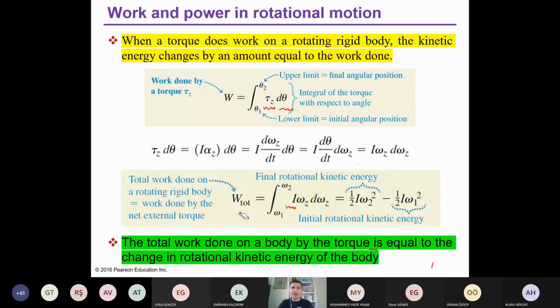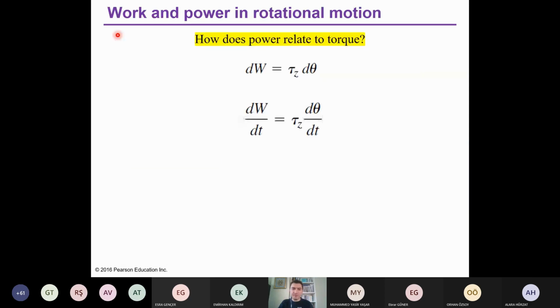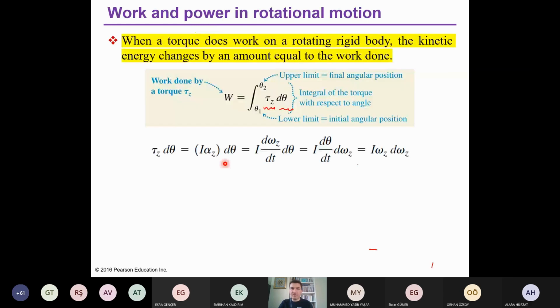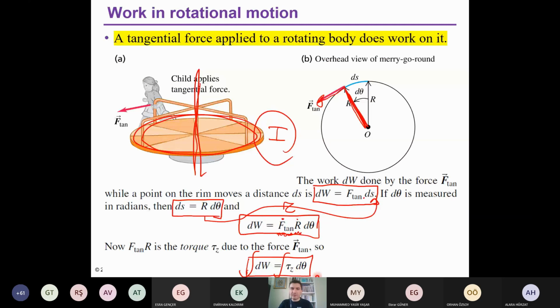Let me find a relation between work and power in rotational motion. So we have this work, which we have found in this relation here, okay? Here we have a merry-go-round, we applied a tangential force, and we have produced a ds displacement, and finally the work done by this tangential force is given by torque times d theta, okay? Just continue from this expression.